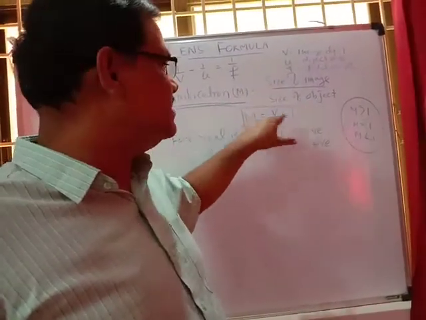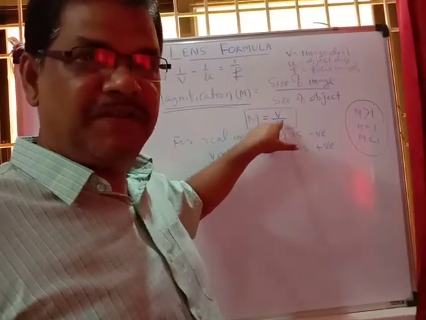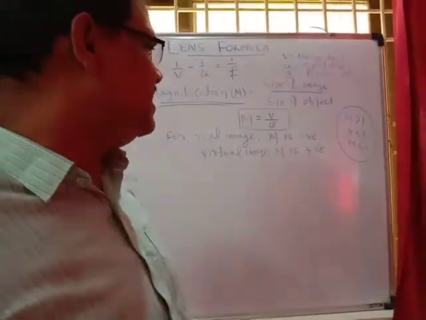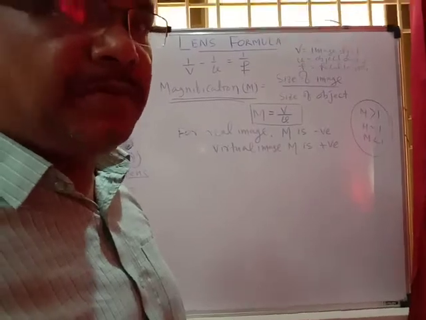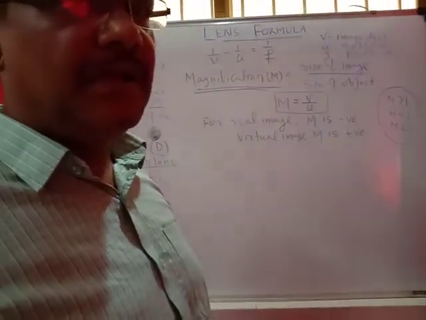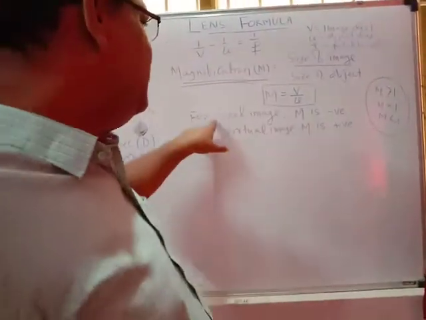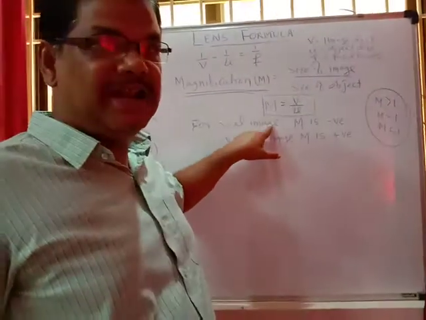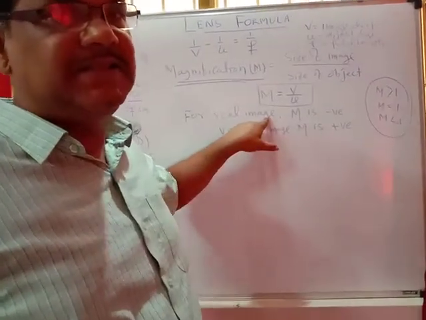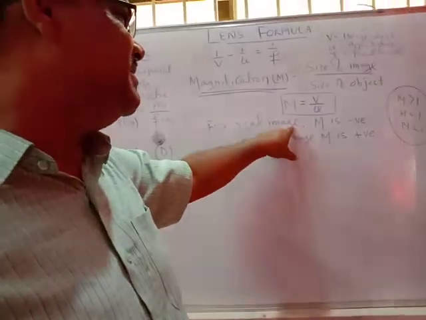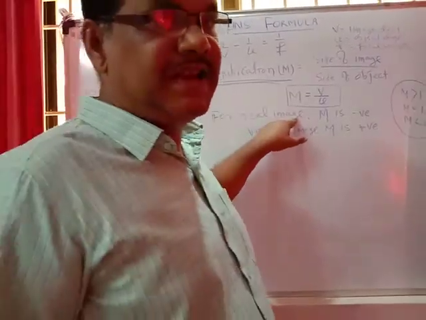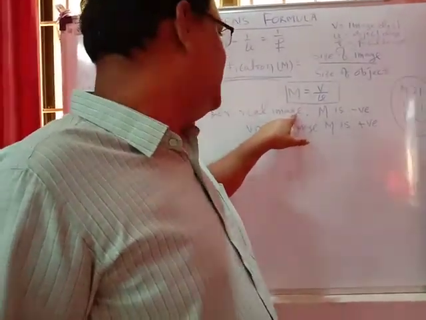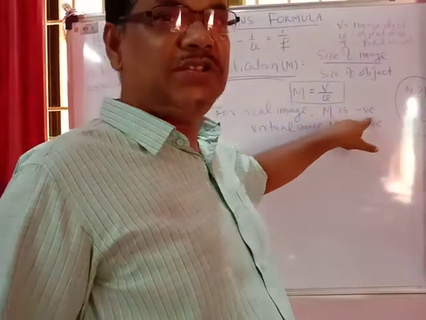As per the sign convention, you put in V and U, then you get the magnification, and from the magnification you will know whether the image is real or virtual. Keep in mind that in the case of a lens, a real image is produced on the opposite side of the object. For a real image, magnification is always negative.